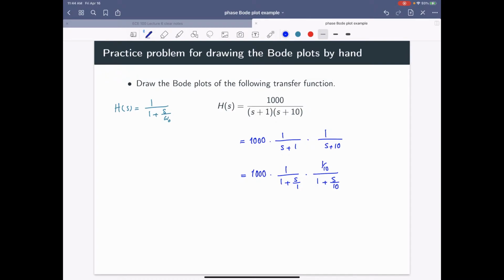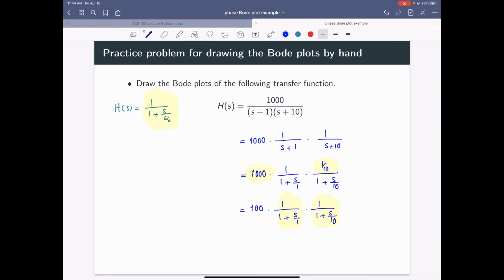Now I'm going to further simplify it: 1000 multiplied by 1/10 gives me 100, multiplied by 1 over 1 plus s over 1, multiplied by 1 over 1 plus s over 10. Now I have these functions in a similar format to our general H(s) for the category of transfer function with single real pole.